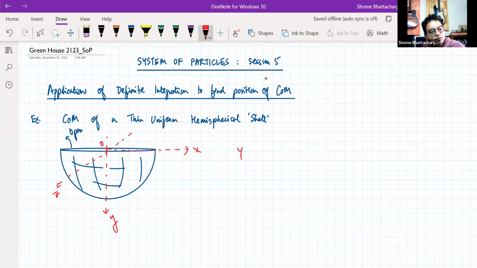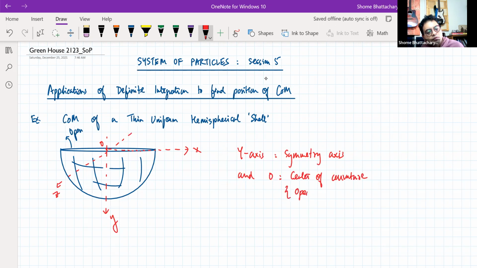So the y-axis is the symmetry axis, and O is the center of curvature, with the open base in the XZ plane.